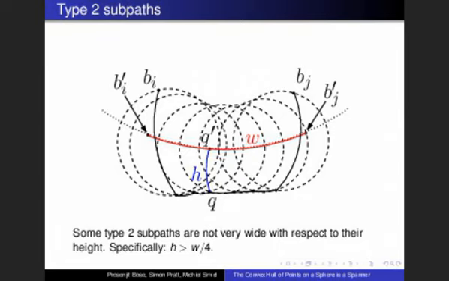And so we define height in this case to be the distance between the lowest point on that boundary of spherical caps between the beginning point on your subpath and the end point on your subpath. The lowest point meaning the closest point on that boundary to the equator.